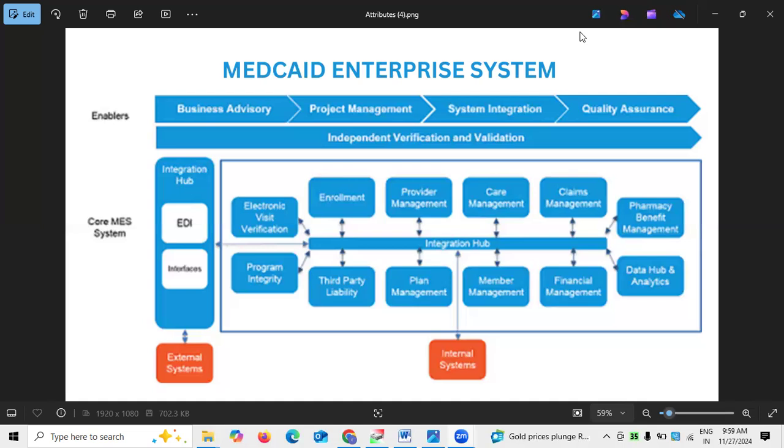When we are implementing the Medicaid Enterprise System, as you see, we have two parts. One is the enablers, which can be business advisory, a project management team, system integration, quality assurance, all that. Next, we have some core MES systems which integrate with EDIs, because whatever transactions we do are in the form of EDIs only, electronic data interchanges.